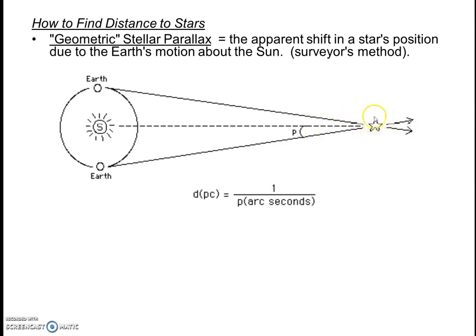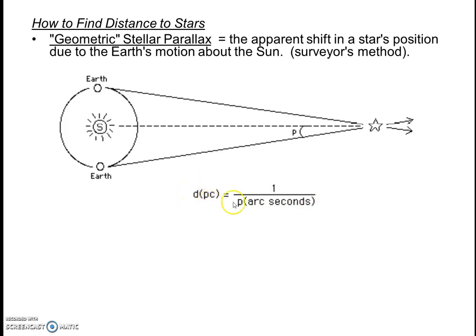And the bigger the shift, the bigger the jump back and forth on our photographic plate, the closer the star is. And the smaller the jump, the farther the star is. And in fact, if you use a distance unit called parsecs, you get this very, very simple equation here.